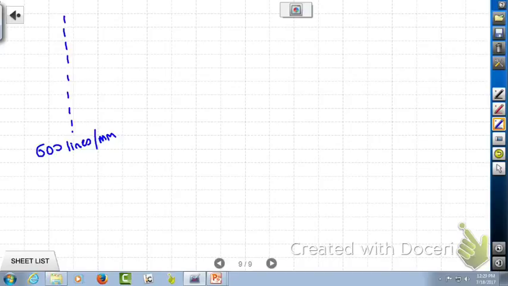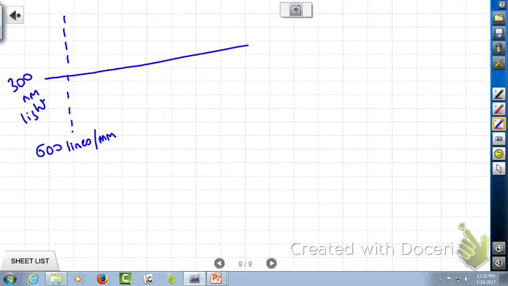It's just the repetition distance. I have 300 nanometer light. First order brightness, second order brightness. Want to know the angle. Find angle.